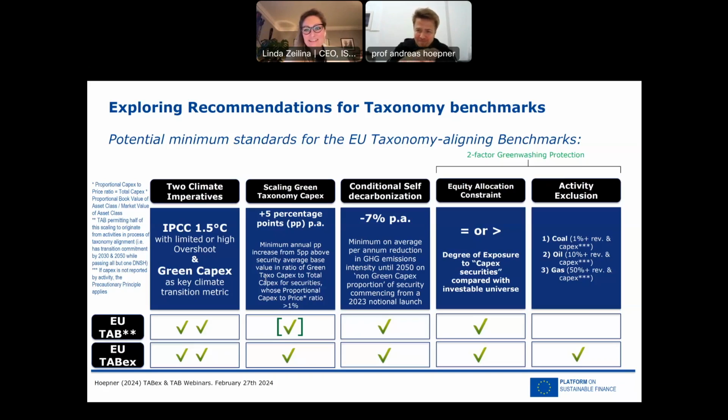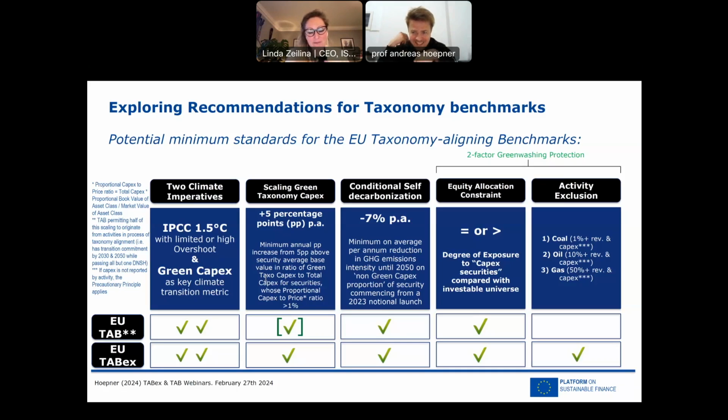Exactly. So I think there's also an interesting question about how the EU taxonomy will potentially apply to the construction sector. This is something that we hear a lot, since there are a lot of assets that need to be transitioned. And somebody's also asking, for buildings which are EU taxonomy aligned under acquisition and ownership, would these be considered Paris aligned, or where is the divergence between PAB and EU TAB?